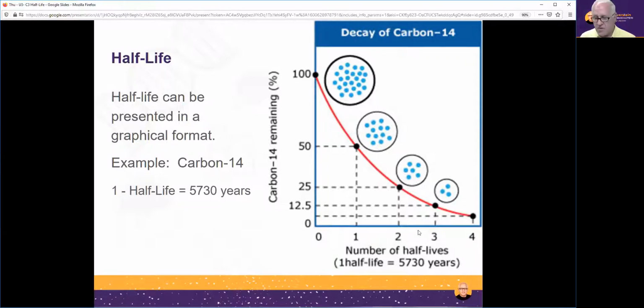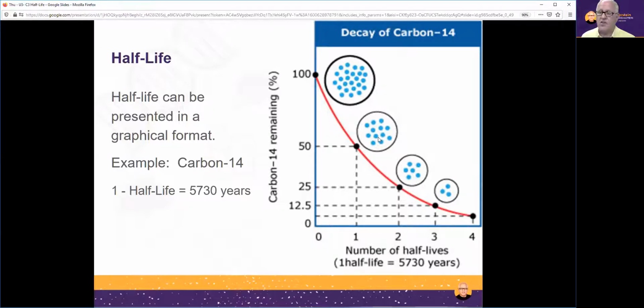So if we represent here on the horizontal axis the numbers 1, 2, 3, and 4, each of those numbers represents 5,730 years. And so we go from 0 to 1 half-life, our decay of carbon-14 means that it's now half as much.